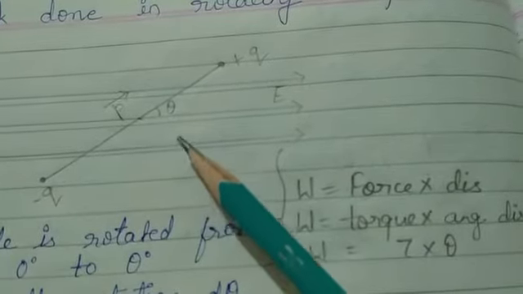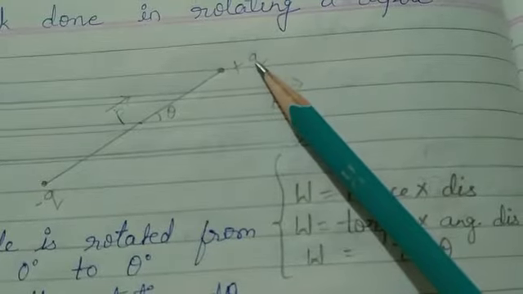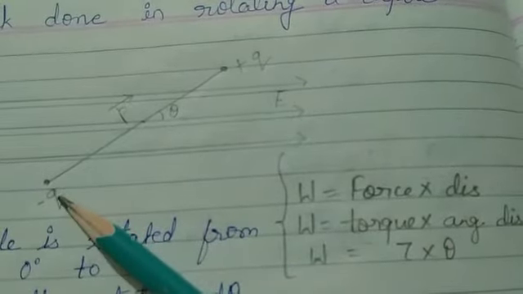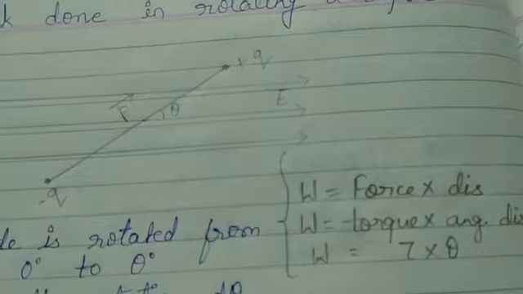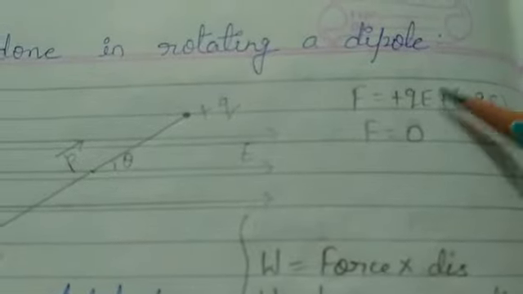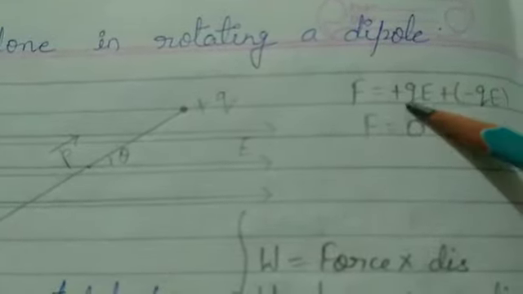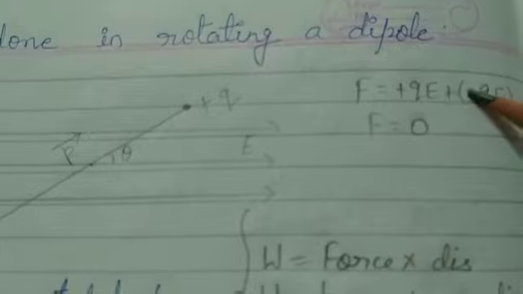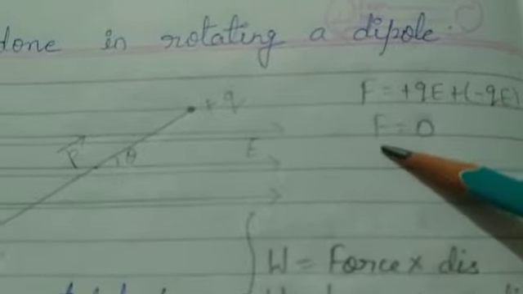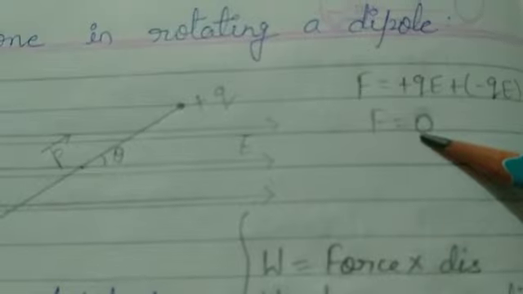One force is positive plus QE, another force is negative minus QE. When we add them both, plus minus becomes minus, so F equals 0. That means there will be no linear motion.